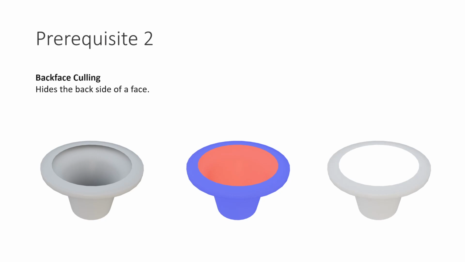And by activating backface culling, you can basically hide those faces. And it might seem strange and maybe you're not sure what this could even be used for, but we can take advantage of this feature. It was not created for the purpose of outlines, I believe, but it's very useful for what we are going to do. So let me show you how you can do that in Blender.